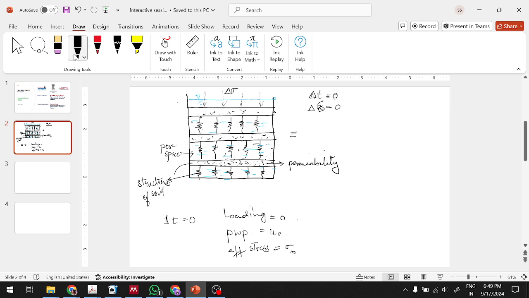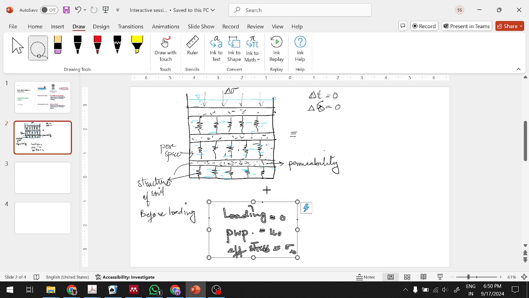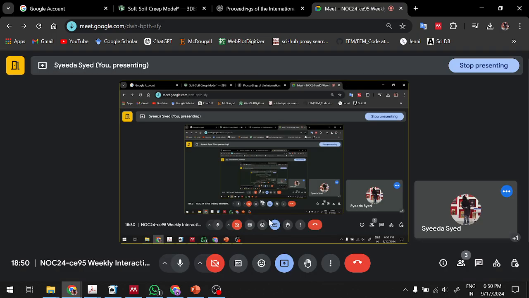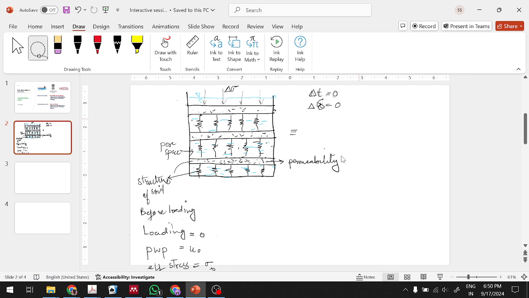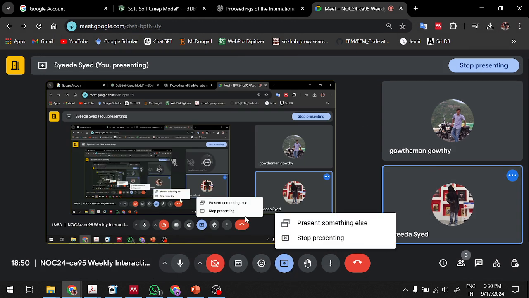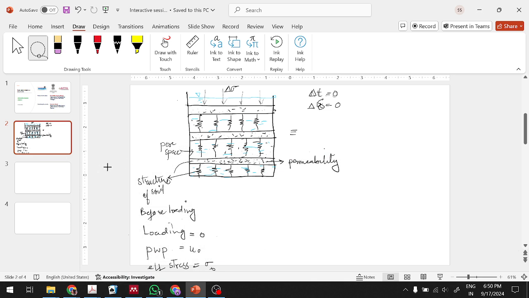So this is before loading, before we have applied any loading in this system.